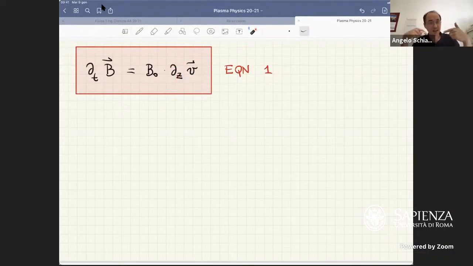And now we're going to derive exactly another equation like this, mixing the terms and exchanging V with B. So we'll find another equation that links the time derivative of V, this time of the velocity, with the spatial derivative of B. And then we can set up the wave phenomenon where an anisotropy in V produces a change in time of B, a source term for B, which in turn will lead to a space derivative for B that will in turn be a source term for the velocity field.